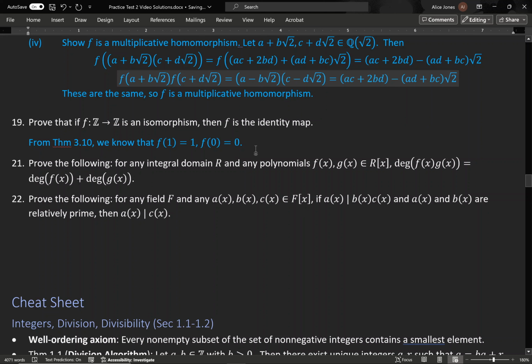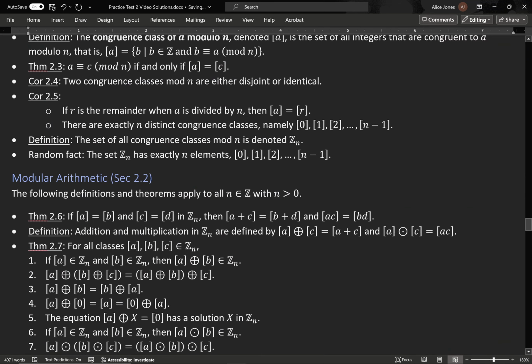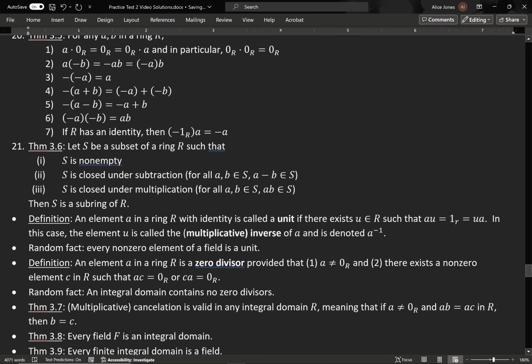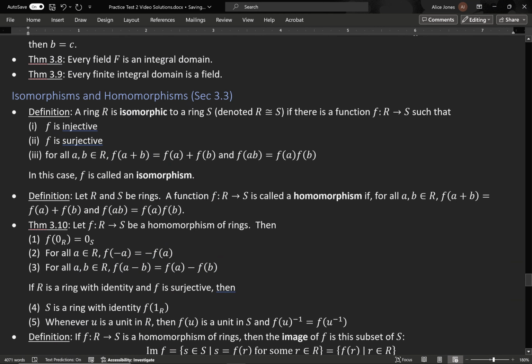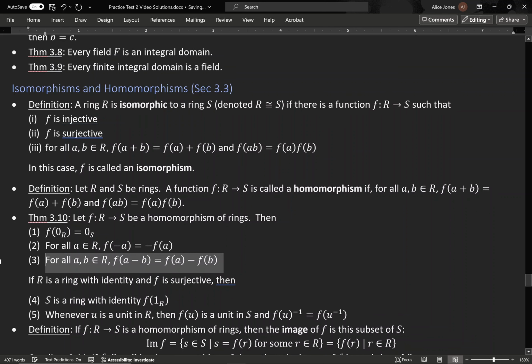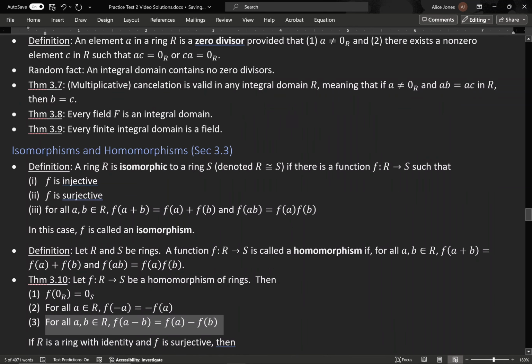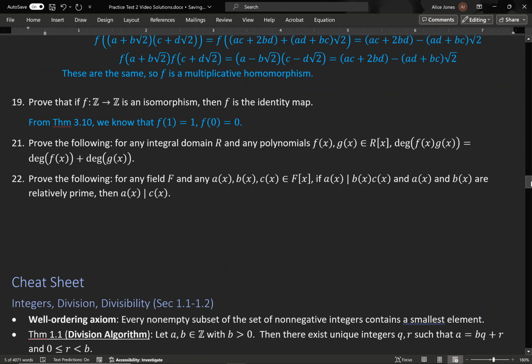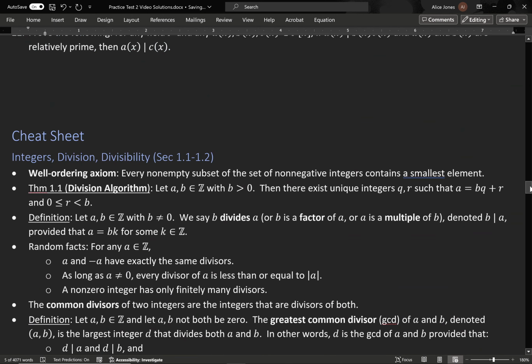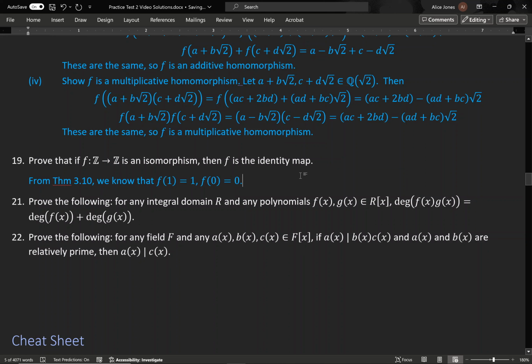but then how are we going to get 2, 3, 4, 5, -2, -3, -4, -5, and so on? And so for that, I think there's also something, doesn't theorem 3.10 also say subtraction? Hold on. Yeah, so f of a minus b is f of a minus f of b. And then we have the same thing for addition, just coming from the fact that it's a homomorphism. Isomorphisms are homomorphisms.